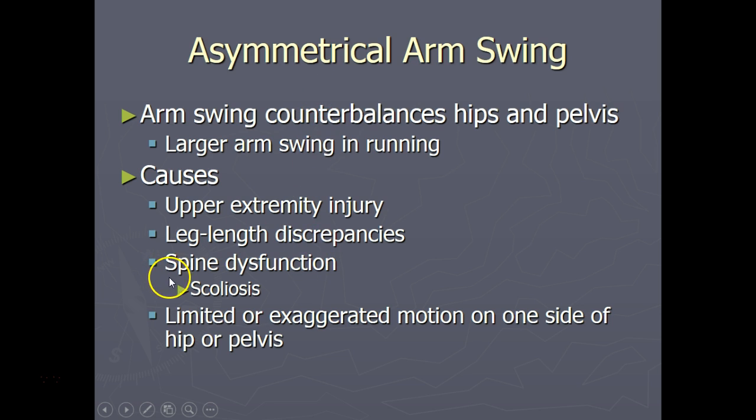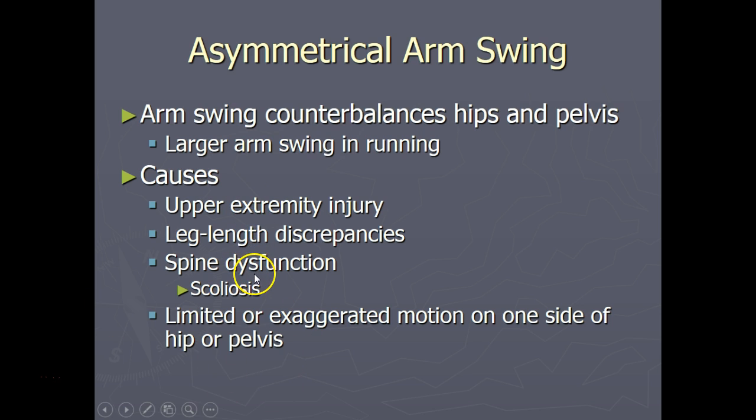And the other time that I've seen an asymmetrical arm swing is in a scoliotic patient, a patient that has at least a 30% scoliotic curve. And as the curve increases, so does the arm swing of the side that is impacted.